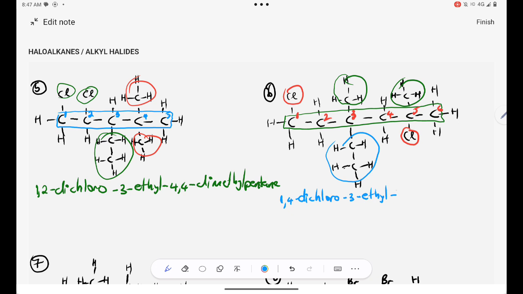At carbon number 3 again, as well as carbon number 5, I have my dimethyl. Since I have 6 carbons on the parent chain, this will be hexane. So the IUPAC name of this compound will be 1,4-dichloro, 3-ethyl, 3,5-dimethyl hexane.